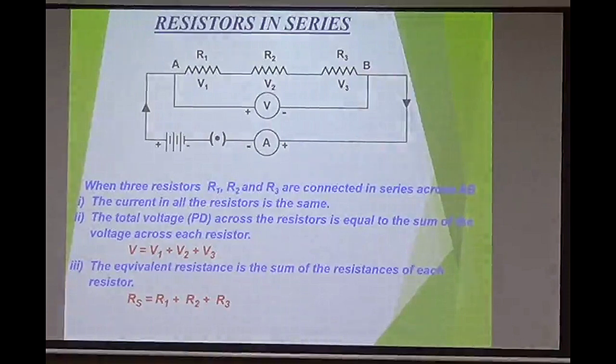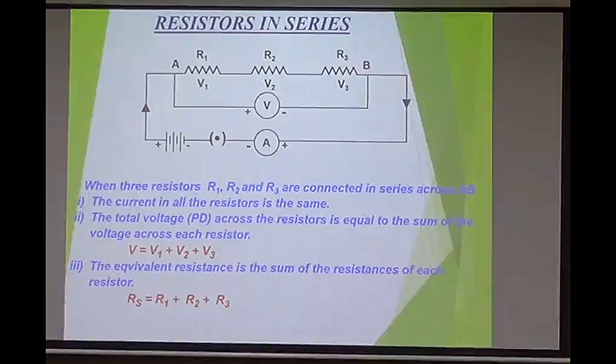But the potential will get divided. And therefore, the potential which we are supplying from the battery or cell, capital V, will be divided into V1 plus V2 plus V3. Now we know Ohm's law. We know that capital V is equal to IR. Similarly, V1 will be IR1, V2 will be IR2, V3 will be IR3.